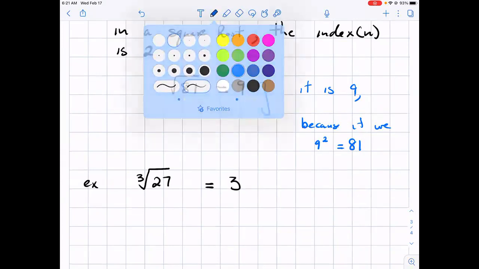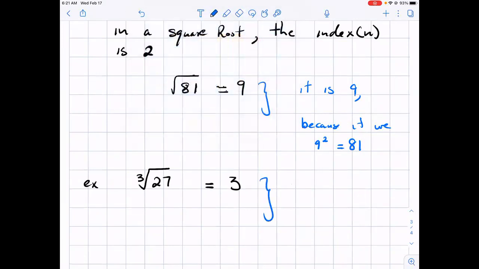And the rationale here is it is 3 because if we take 3 and we cube it, that is equal to 3 times 3 times 3, which is equal to 27. Okay? These numbers here must always be multiplied by themselves.